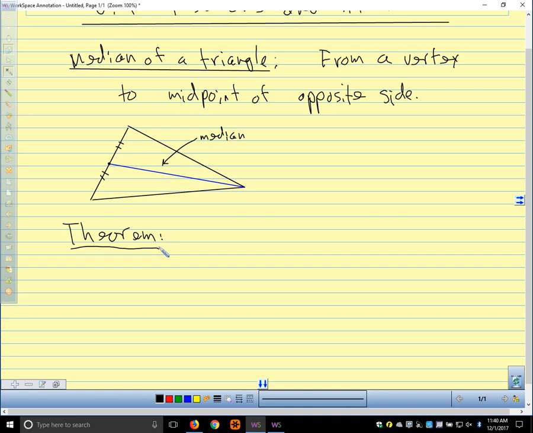Our theorem is that the medians of a triangle are concurrent. And remember, concurrent means they all intersect in one point, at a point called the centroid.